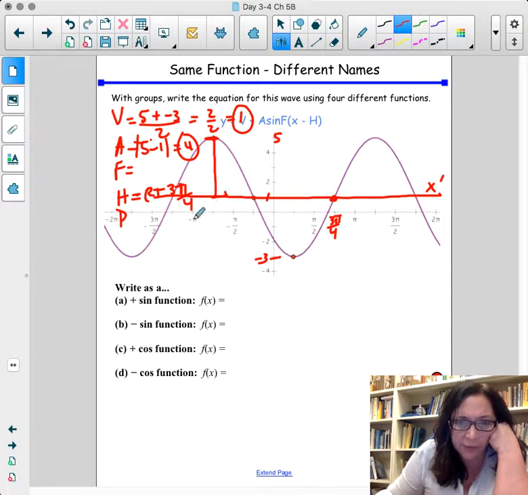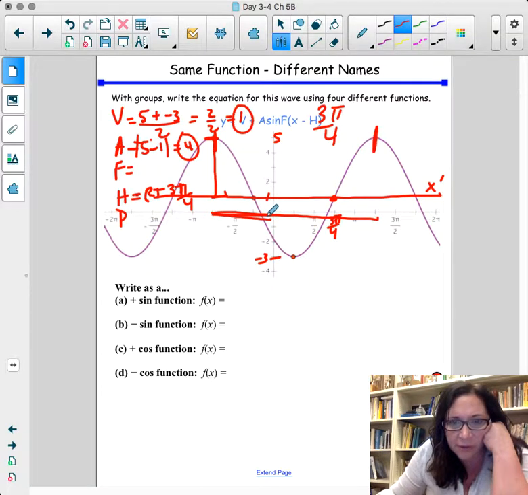This is in between negative pi over 2. This looks like negative 3/4 pi. Okay, so the distance from here to here, keep going, we've got to go all the way to here. See the high point to the high point? That's where I'm going. So the distance from here to here is 3 pi over 4, right?